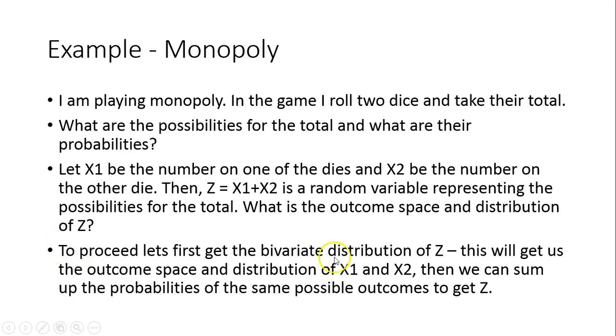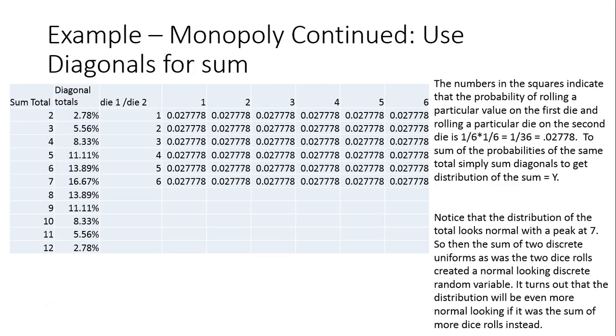So to proceed, what do you do? You first get what's called a bivariate distribution. This gives us the outcome space and distribution of x1 and x2, and then we can sum up the probabilities of the same possible outcomes to get z. You get all possibilities of getting the first die: the numbers are 1, 2, 3, 4, 5, 6.